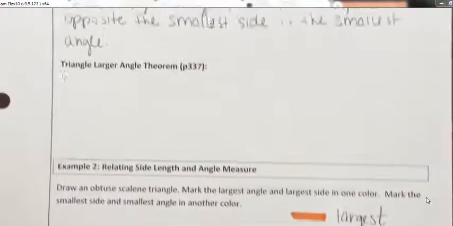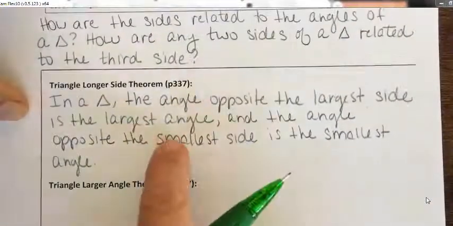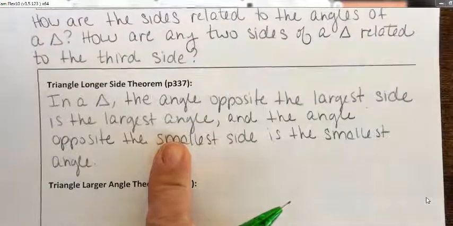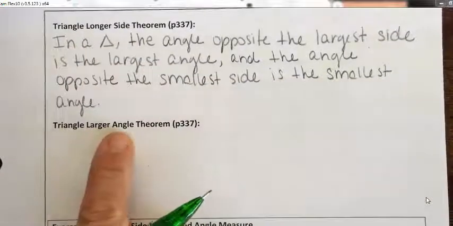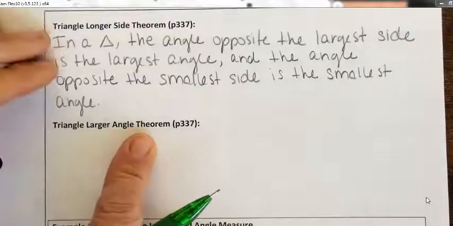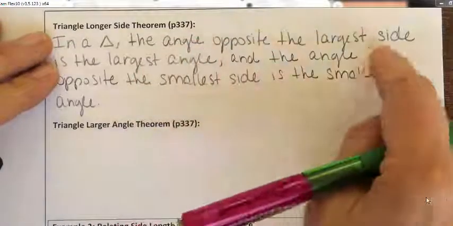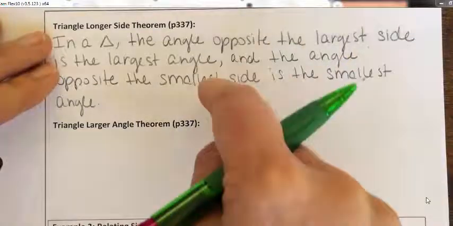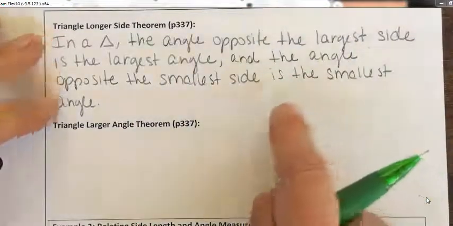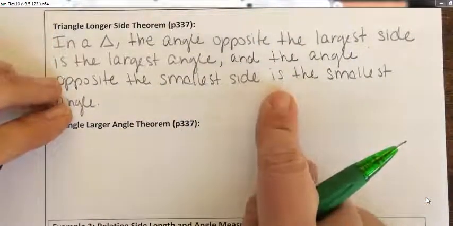Okay, so back up, now that I've kind of explained the triangle longer side theorem, the triangle larger angle theorem is basically just the converse of this. So instead of saying the angle opposite the largest side, we're going to say the side opposite the largest angle. And then we'll do the same with the smallest stuff.